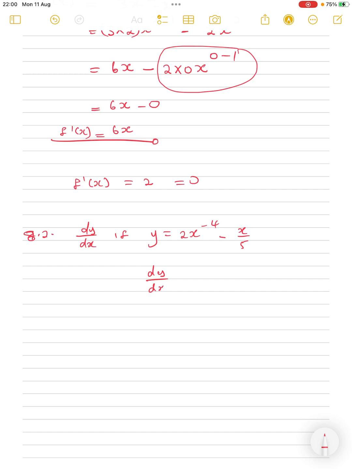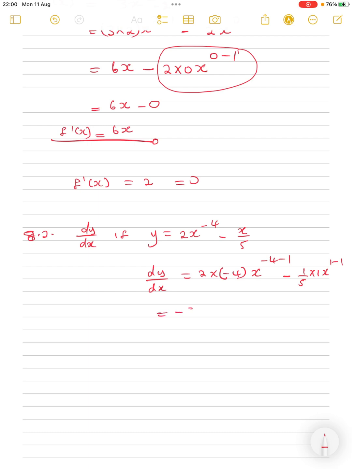So now when I want to find dy over dx, I say dy over dx is equal to: you multiply by the exponent, and then on the exponent you subtract 1. Look carefully here, this one is a fraction, 1 over 5 times 1x. So this is how you differentiate this.